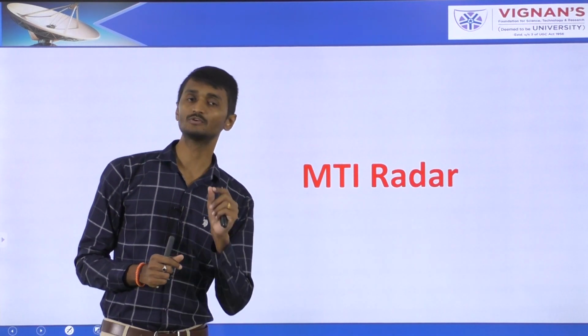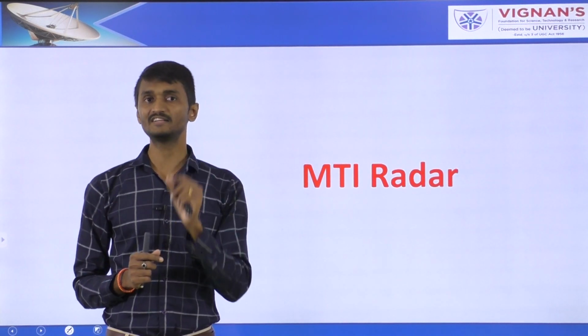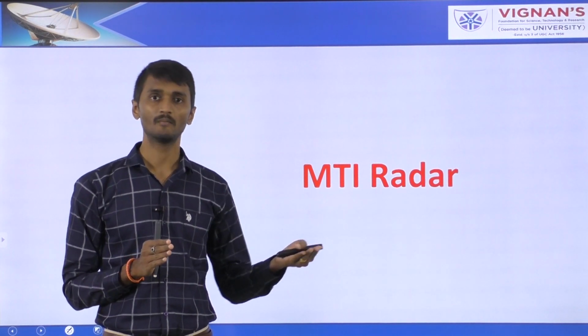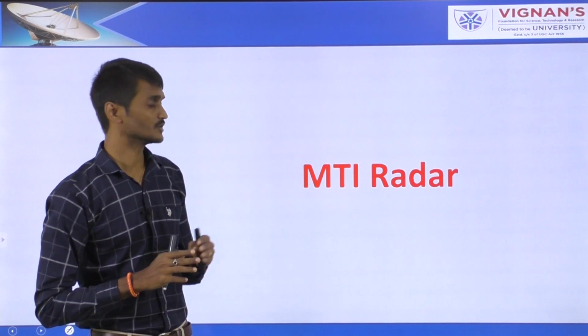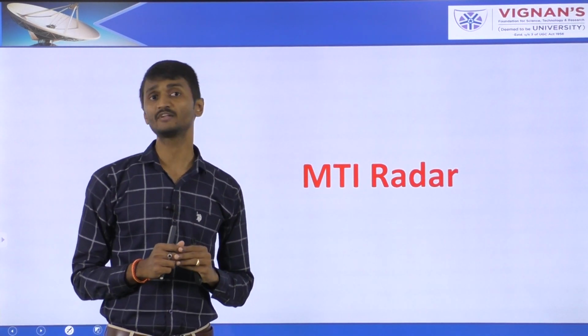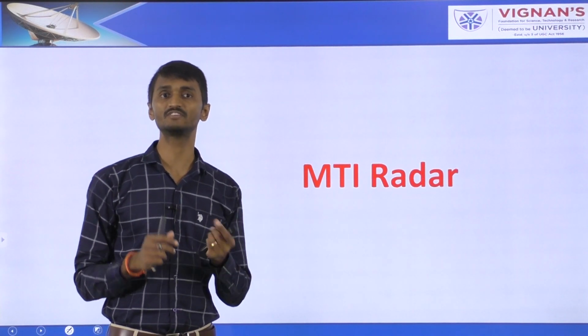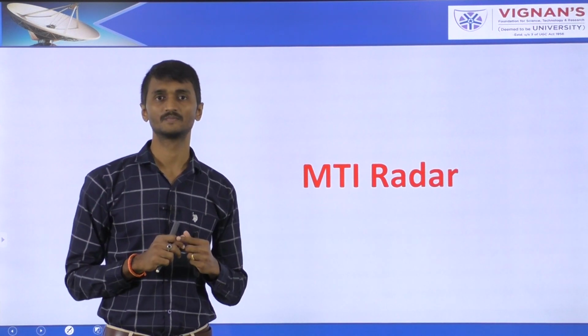Therefore, we have to choose the radar in such a way that it considers only the echo signals due to the movable targets but not the clutters. So for this purpose, radar uses the principle of Doppler effect for distinguishing the non-stationary targets from the stationary objects.